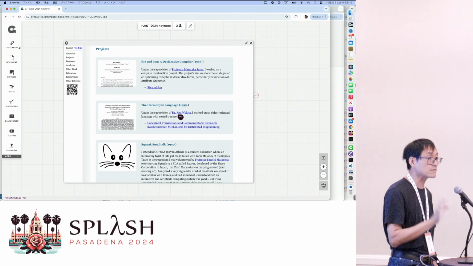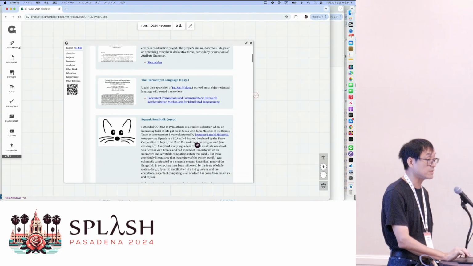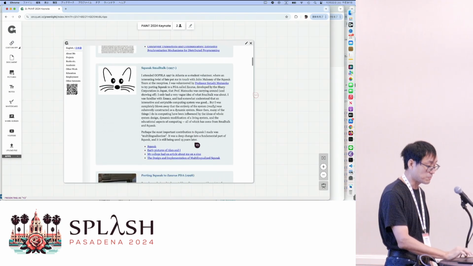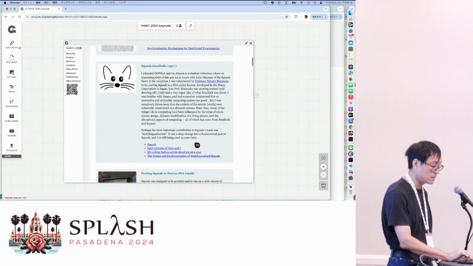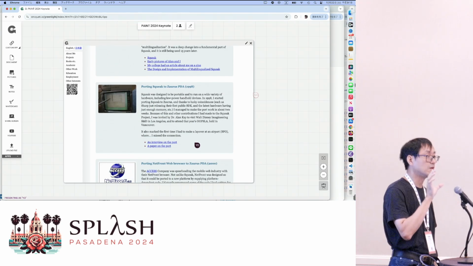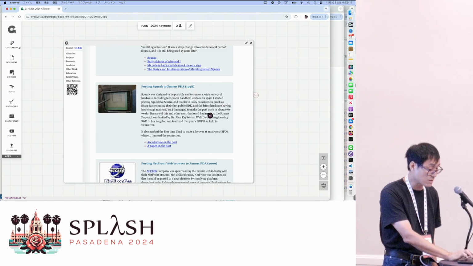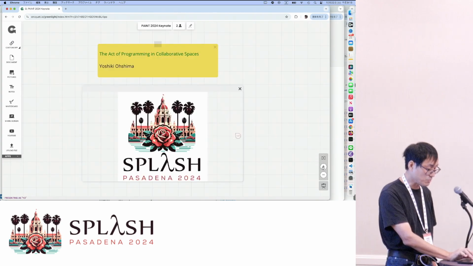I found an open source programming environment called Squeak, so I just started playing with it. One of the things I did was to port the virtual machine of Squeak to Zaurus PDA.